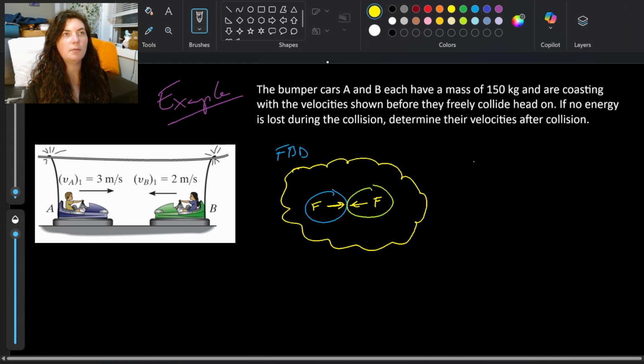And then I'm going to make my positive convention for my velocities. Just for simplicity, let's say to the right is positive. So any velocities to the right are positive, to the left are negative. And we'll apply our conservation of momentum.